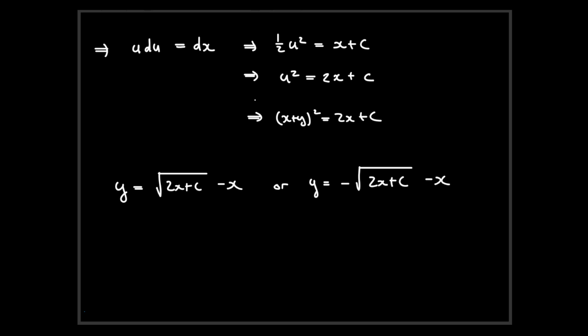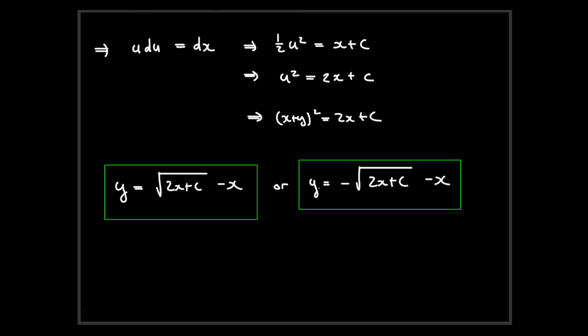Great, so these are our two solutions here. Just remember, always when you're taking roots, there are two ways. There's a negative and a positive component, which gives us, in this case, two different kinds of solutions to the differential equation.